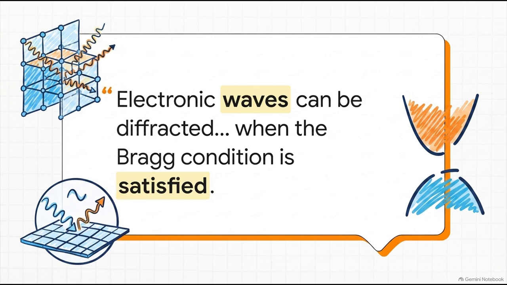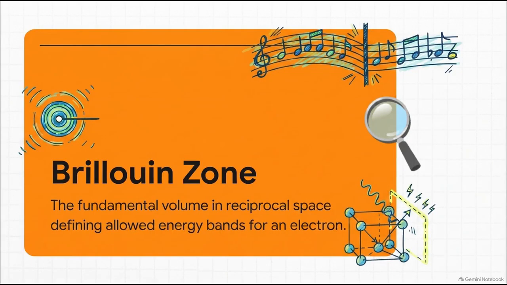When an electron's energy hits a specific frequency that perfectly satisfies Bragg's law, it actually gets reflected back by the lattice itself. Its energy curve literally breaks and becomes discontinuous. And this invisible point of reflection creates a strict, hard boundary. We map this boundary in our reciprocal sheet music as something called the Brillouin zone.